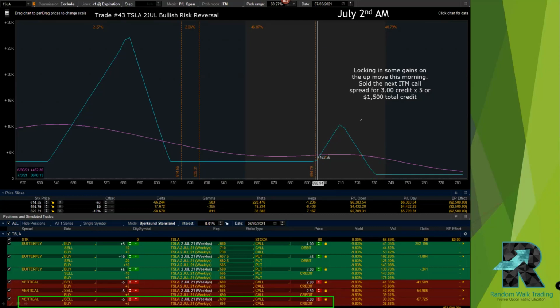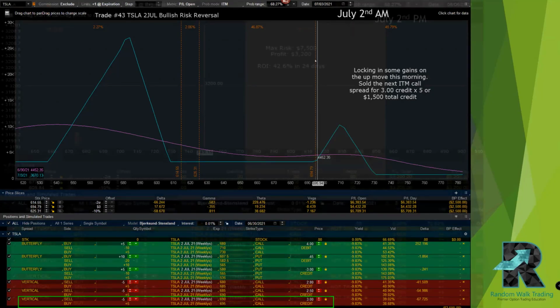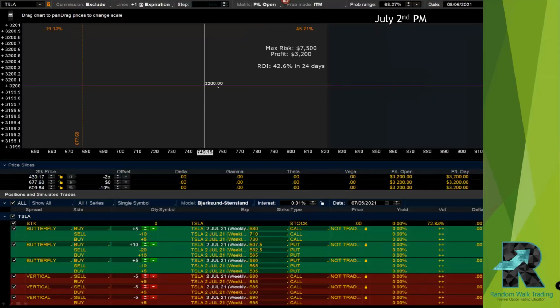It's sitting here at 695 in the morning, and it was like, hey, we just need another 10-point push, be a nice little winner. But it didn't end up doing it, pulled back, I think, in the afternoon. And it came back with basically a $3,200 profit. And that's 42.6% in 24 days. So we keep looking for those trade setups to add to it.